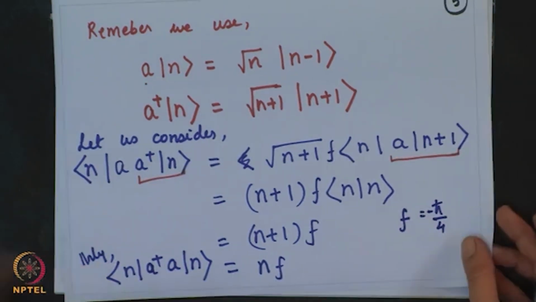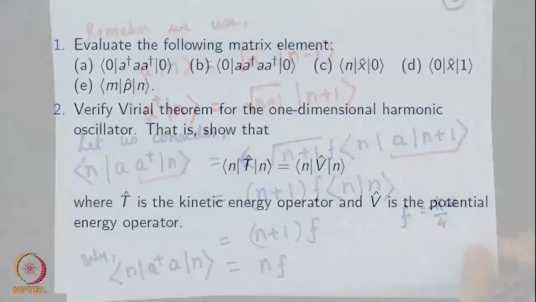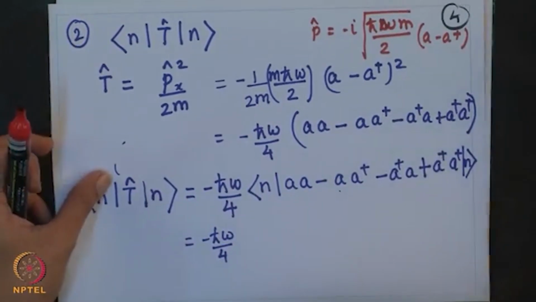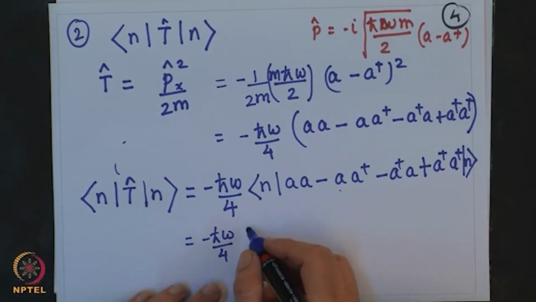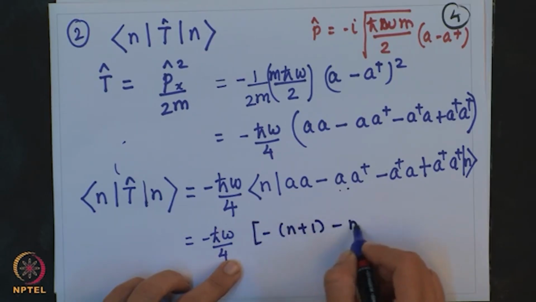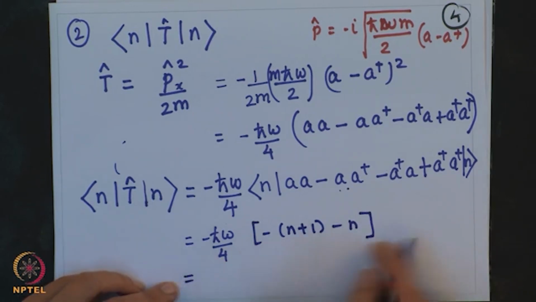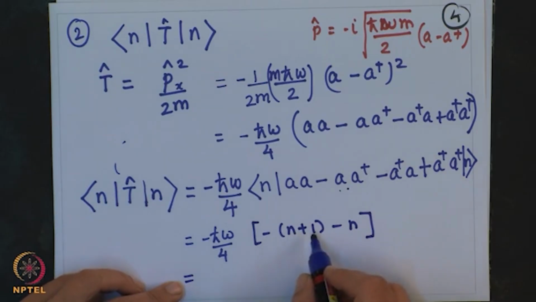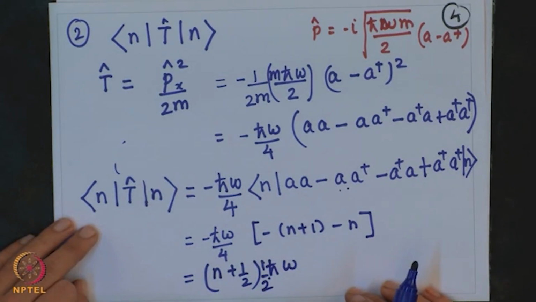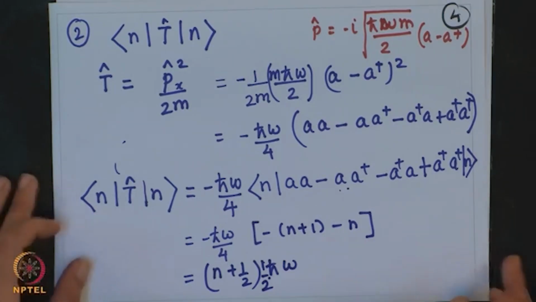So, this factor I am talking about which I had dropped. Let us rewrite this. What do I obtain here is this term gave me n plus 1. So, I have minus n plus 1, minus n plus 1, minus n, this is what I had, and this I can rewrite as 2n plus 1. So, I can write this as n plus half. I just want to write it in some known form. This is what I obtain for the kinetic energy operator, right.